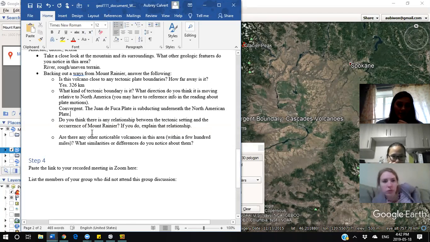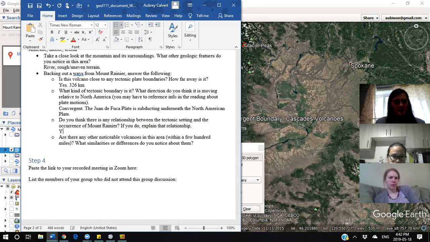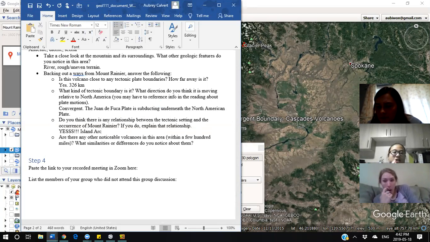Do you think that there's any relation between the tectonic setting and the occurrence of Mount Rainier? Absolutely, yes. What's it called, an island arc system? An archipelago?